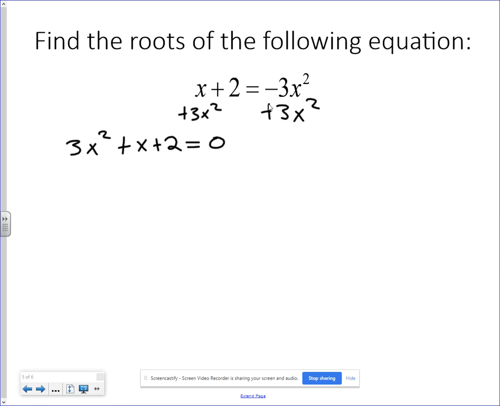So we have our a term, our x squared, the coefficient is 3. Our b term here, there's a 1 attached to that x, so we can say that b is equal to 1. And then c, our constant term, is just equal to 2.